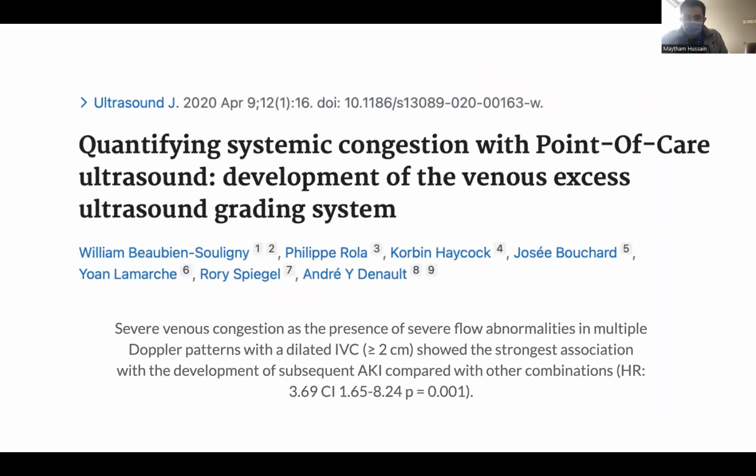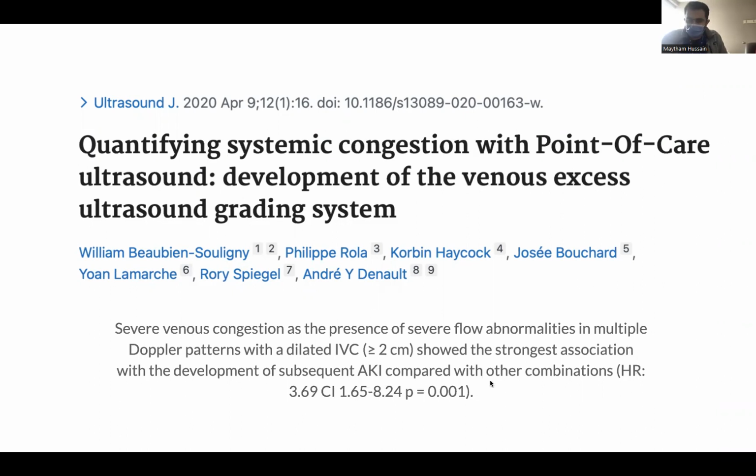So this was the landmark trial that they, I guess, based the VExUS score on. It was done by a group in Montreal. And initially they did it in cardiac surgery patients, where they would assess how likely these people would develop subsequent AKI after cardiac surgery. And they did that by looking at Doppler patterns in people with dilated IVCs.